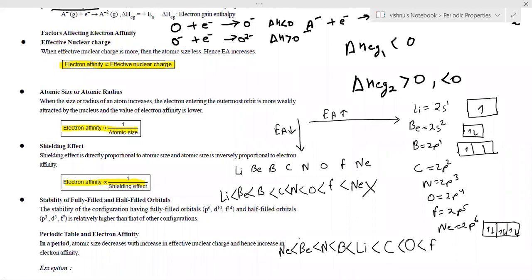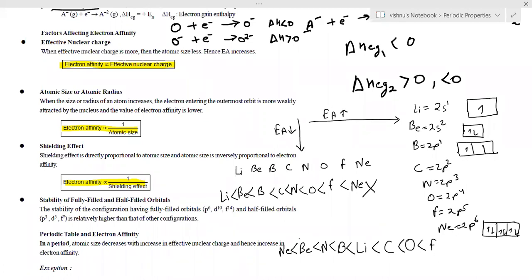Half filled and full filled atomic orbitals are more stable, so they will have less tendency to accept electrons. Because of that, the electron affinity of half filled and full filled atomic orbitals will be less. This is the concept. So why is this order there? Because of half filled and full filled electronic configuration.